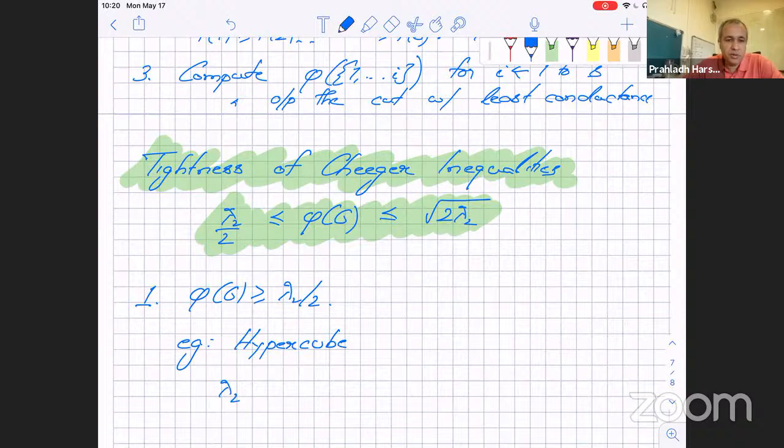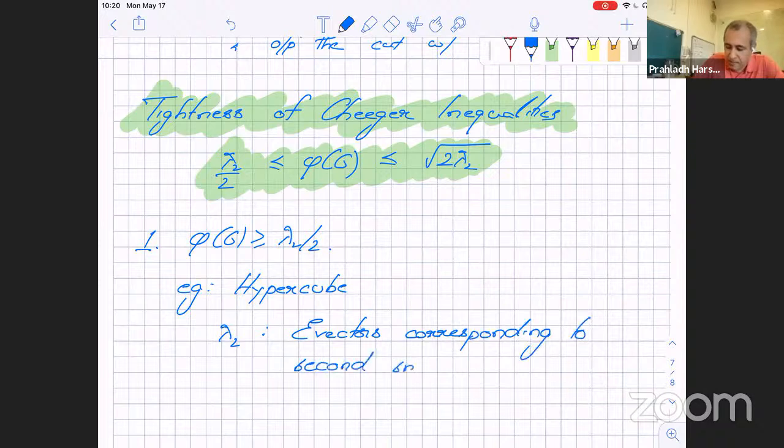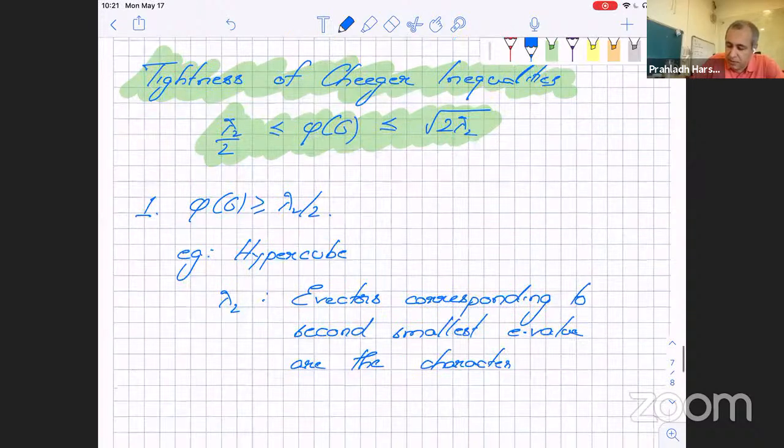If you stare at this, you can show that the eigenvectors corresponding to the second smallest eigenvalue are the characters corresponding to singleton sets. What do I mean by that?